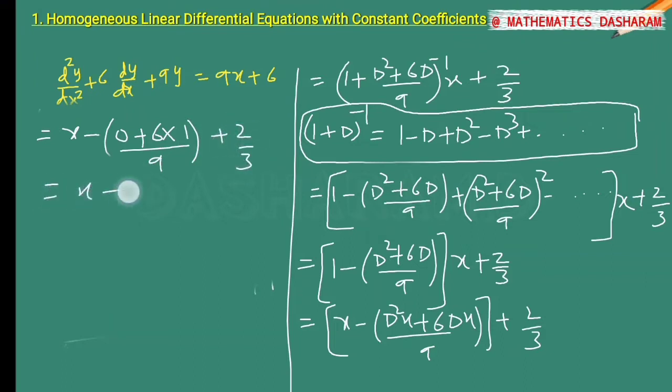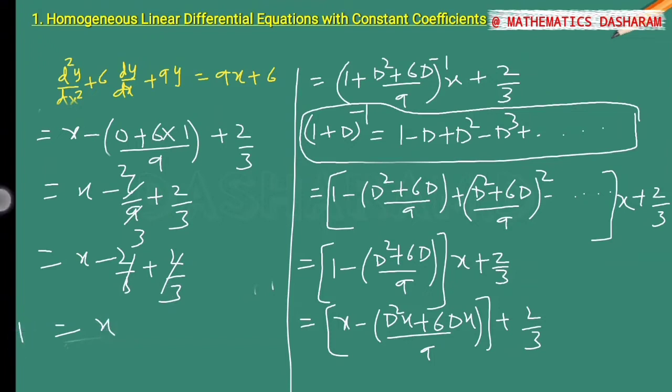So x minus 6 by 9 plus 2 by 3, that is x minus 2 by 3 plus 2 by 3, both are cancelled. So the particular integral is only just x.